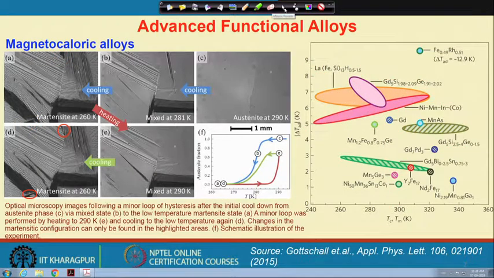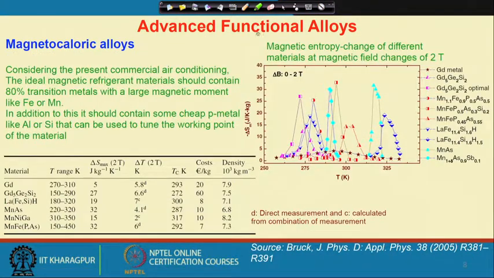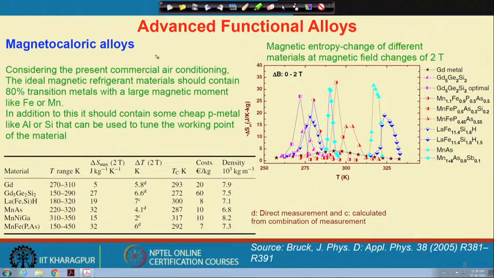So, these are the different materials that have been discussed so far for this particular aspect. Now, considering present commercial air conditioning, the ideal magnetic refrigerant material should contain 80% of transition metals with a large magnetic moment like iron or manganese. In addition to this, it should contain some cheaper p-block metal like aluminum or silicon, which can be used to tune the working point of the material.